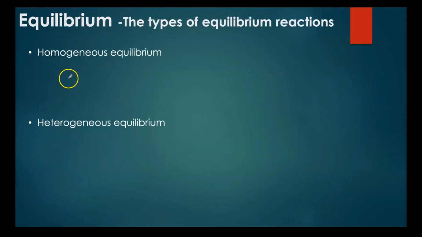Okay, so there are two types of equilibrium reactions. First one is homogeneous equilibrium. Second one is heterogeneous equilibrium. We say we have homogeneous equilibrium when the reactants and products are all in the same phase.